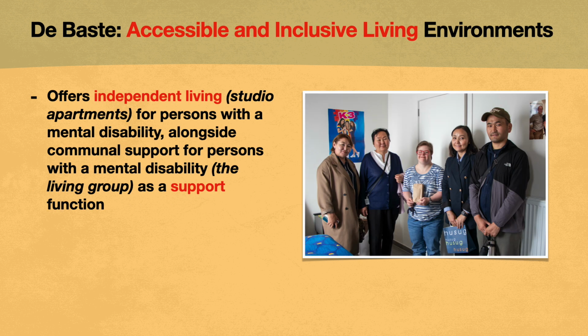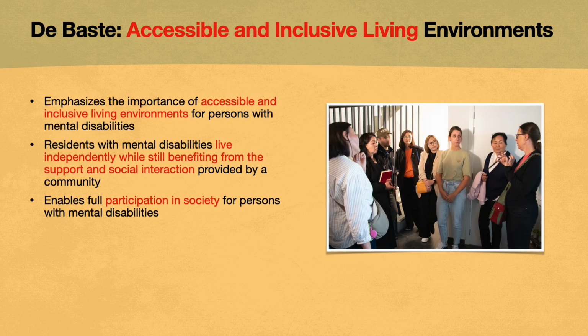Furthermore, the Basta offers independent living spaces, studio apartments, along with communal support, the living group, for persons with mental disabilities. The Basta emphasizes the importance of accessible and inclusive living environments for individuals with mental disabilities. Residents can live independently, while still benefiting from the support and social interaction of a community, helping to break down the isolation that people with disabilities often face.